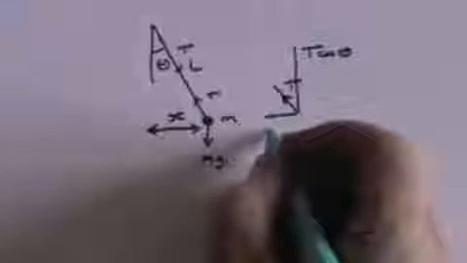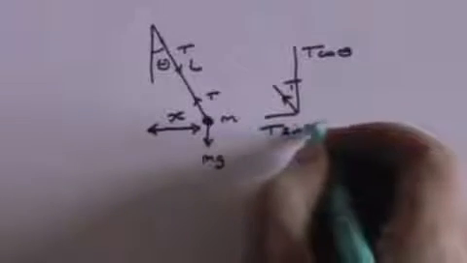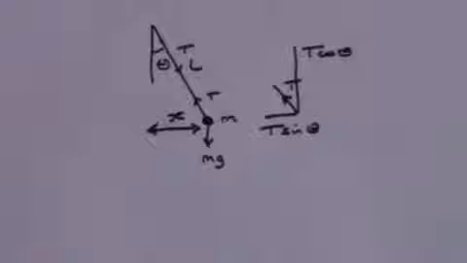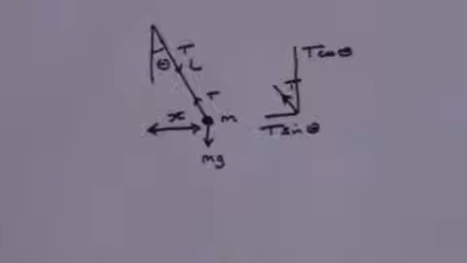We can resolve the tension T into two components. The vertical component is T cosine theta. The horizontal component is T sine theta. It is the horizontal component which will provide the restoring force to take the pendulum back to its midpoint.